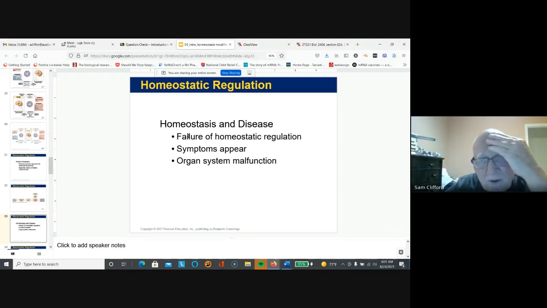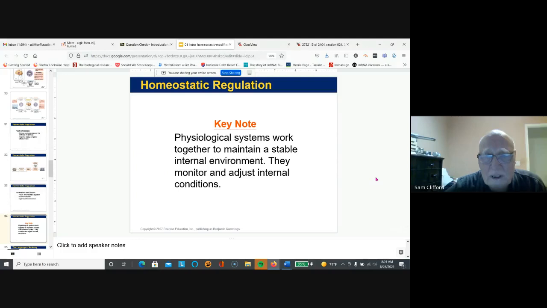If you don't have homeostasis, you can have failure of homeostasis. You'll get symptoms, and as we said, you'll pass away. So physiological systems work together to maintain a stable environment, stable temperature, stable ionic concentration, stable blood sugar, and so on.